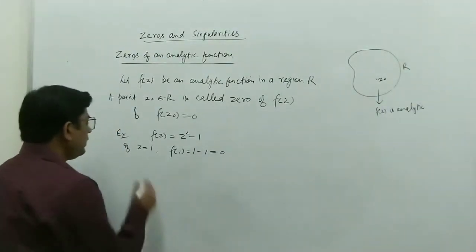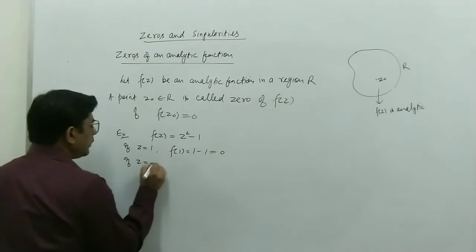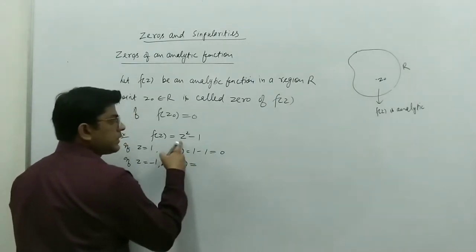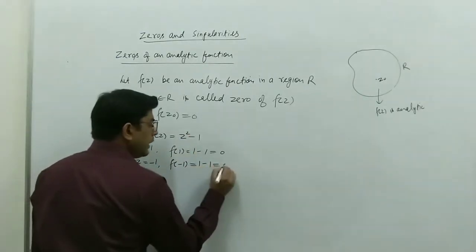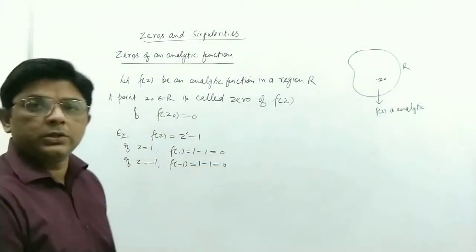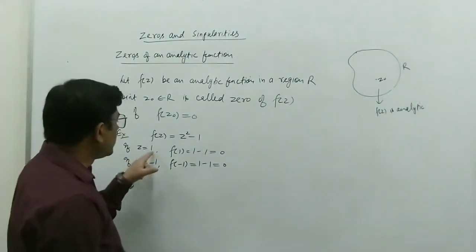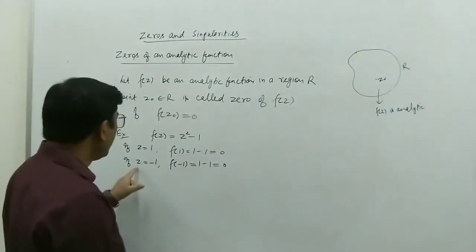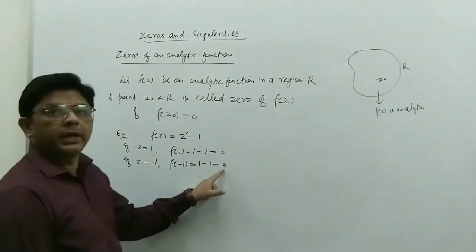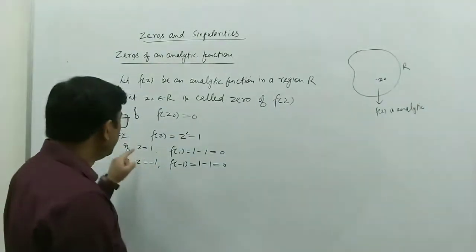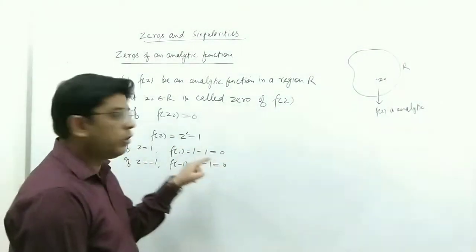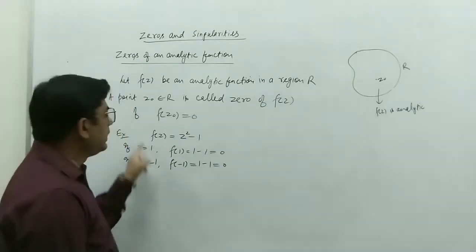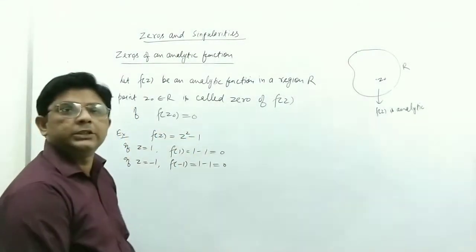Similarly if we put z equal to minus 1, f(-1), the minus 1 square is again 1, so 1 minus 1, this is also 0. So if we put z equal to 1 we get 0, and if we put z equal to minus 1, again we get 0. It means z equal to 1 is a zero of this function f(z), and similarly z equal to minus 1 is also a zero of this function.